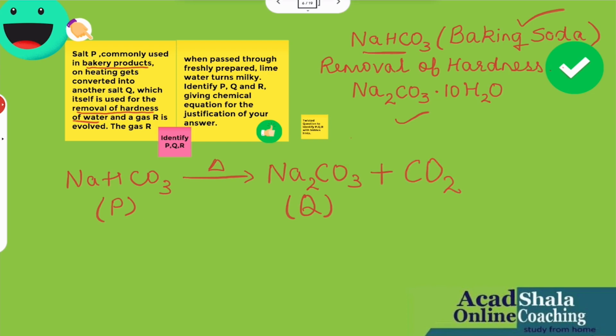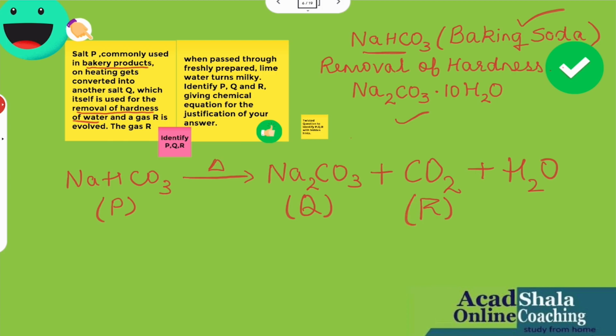Why? Because in the reactant part, we have carbonate over here. So whenever we have carbonate or hydrogen carbonate in the reactant, always carbon dioxide gas is formed, and plus water is also there. So the gas which is formed over here, carbon dioxide, is our R.